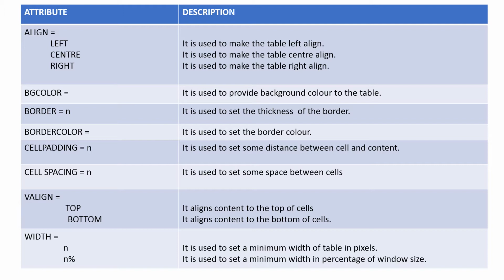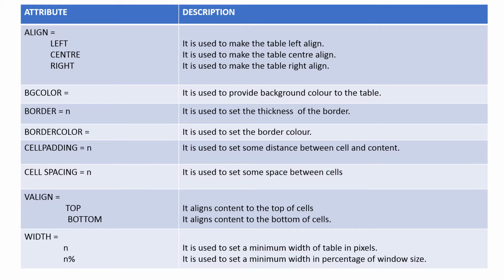Then next, bordercolor. You can add color to the border of the table the same way you add the background color to the table. You just have to write bordercolor is equal to whichever color you want, and your border color will be set. Next, cellpadding is equal to n.